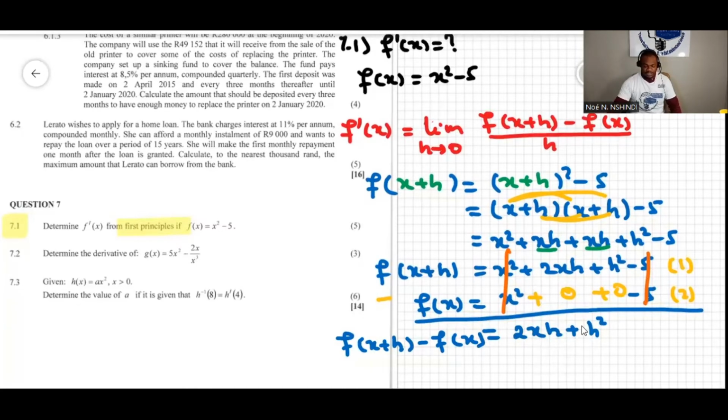Both have h, so we can take h as a common factor. If I take h as a common factor, I will have 2x plus h. So that's the difference between the two functions here, 2x plus h.